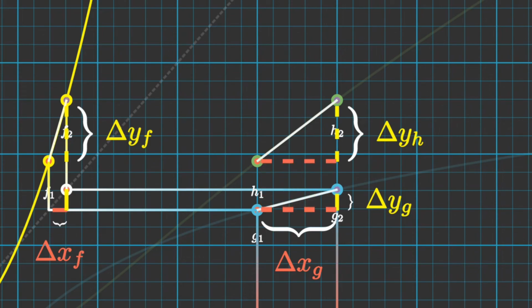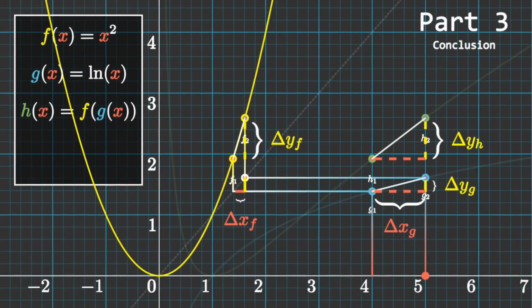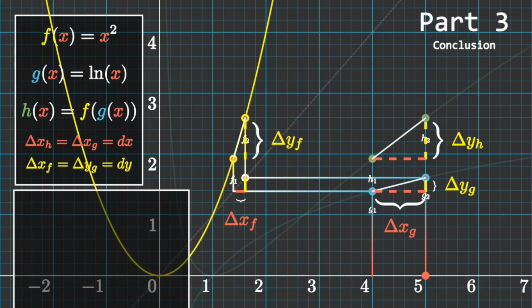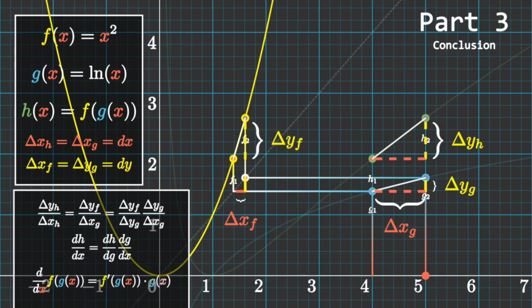They are driven by the same change of dx. The only difference is the dotted x of function f, which was not driven by the same dx. It was driven, in fact, by the dotted y of g.